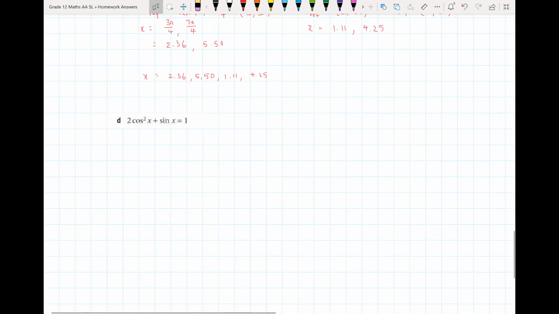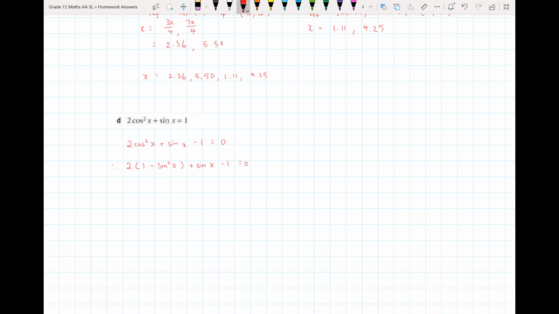All right. Now, this looks like quadratic form, but it's not quite so because they don't have the same ratio. One is sine, the other is cosine. So what we do here is we employ one of our trig identities to change cosine square x to sine square x.